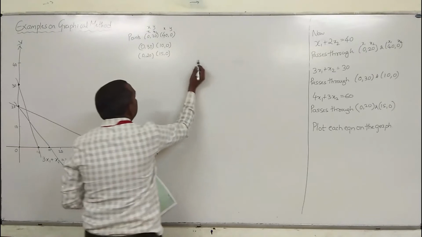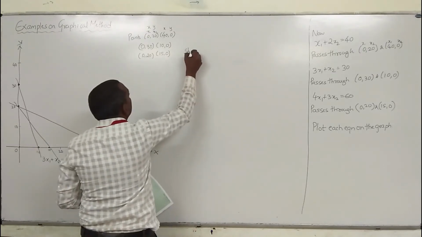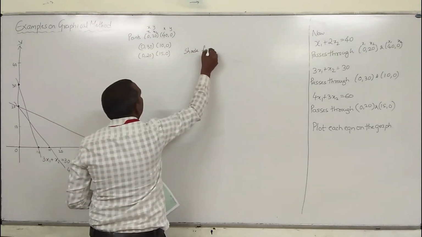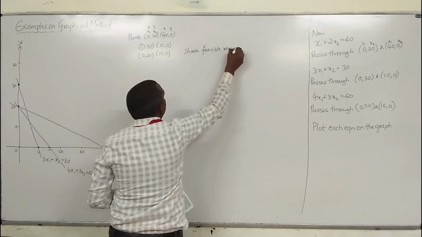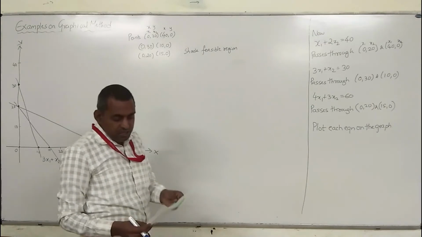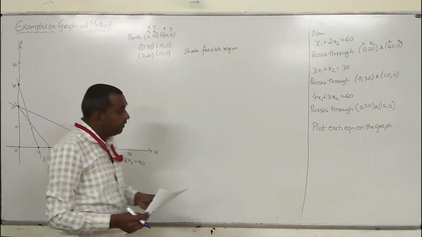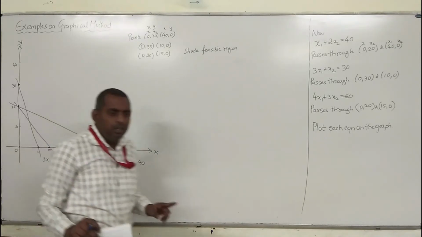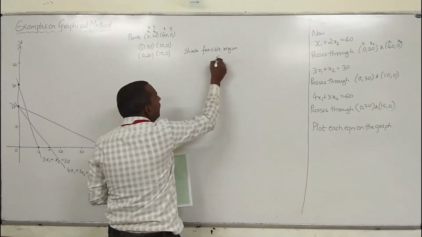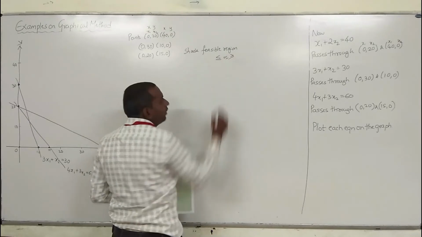How are we supposed to shade the feasible region? First, consider this equation: x1 plus 2x2. Is the constraint less than or equal to, or greater than or equal to?